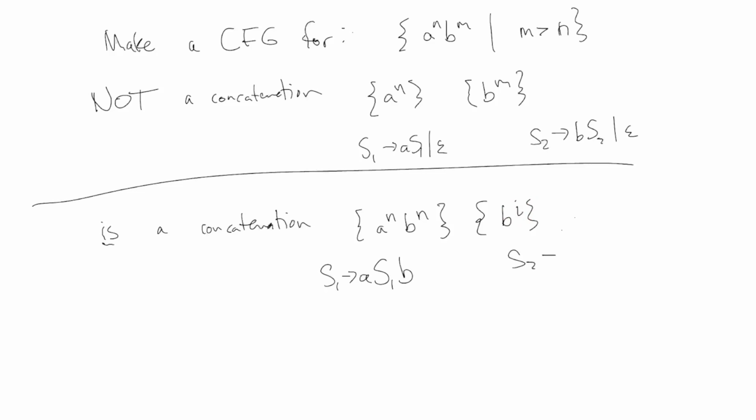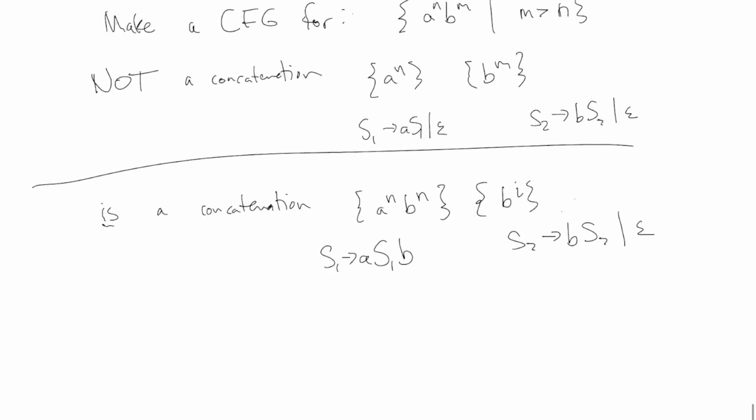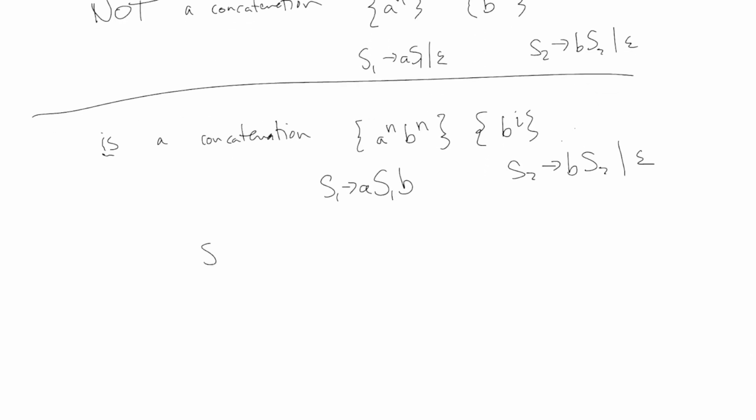This one is S2 goes to B S2 or epsilon. And then we combine them together with the concatenation strategy. So it'll say S goes to S1 S2, S1 goes to A S1 B or epsilon, S2 goes to B S2 or epsilon, right?